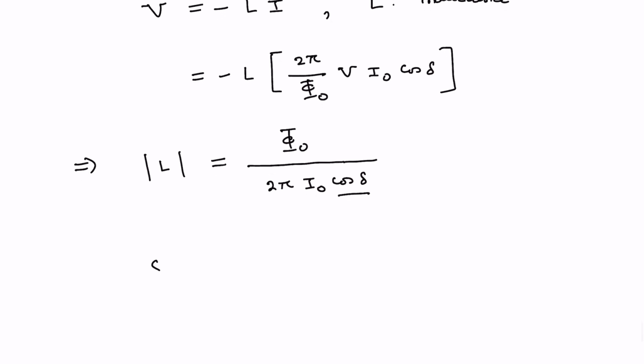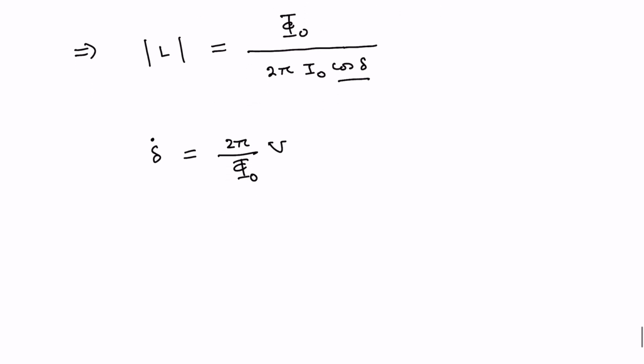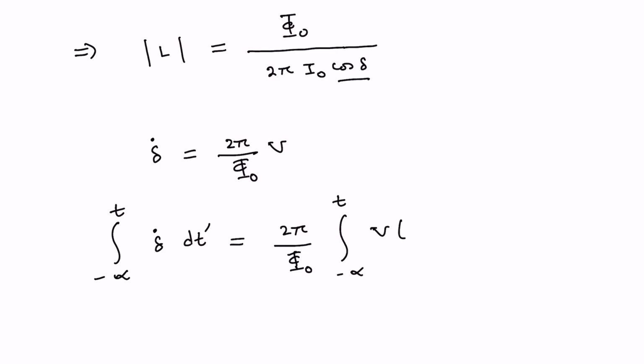Now noting that delta dot is equal to 2 pi by phi 0 into the voltage V, and integrating both sides, say from minus infinity to time t, I can have the integral of delta dot dt dash is equal to 2 pi by phi 0, which is constant, into the integration from minus infinity to t of V of t dash dt dash.